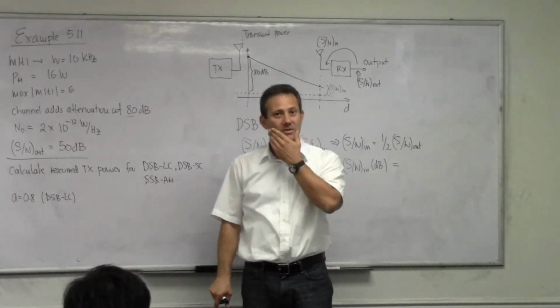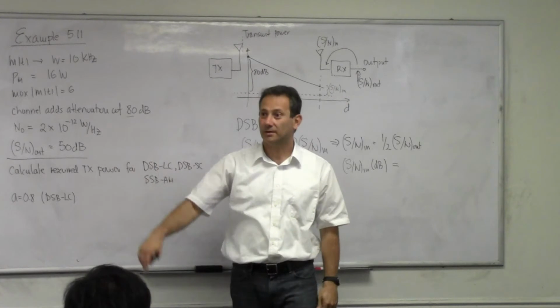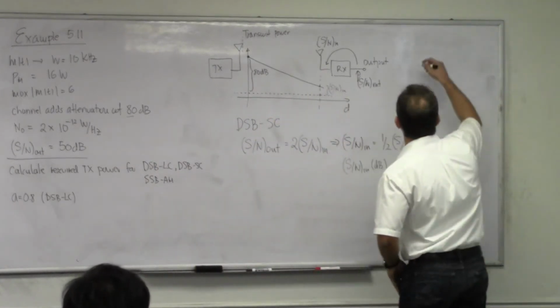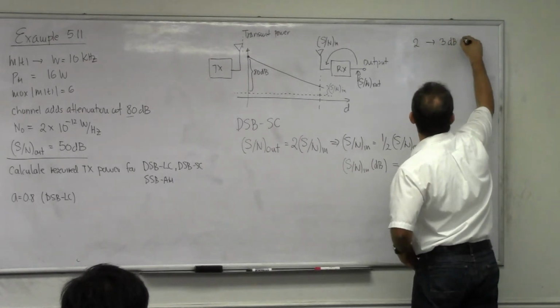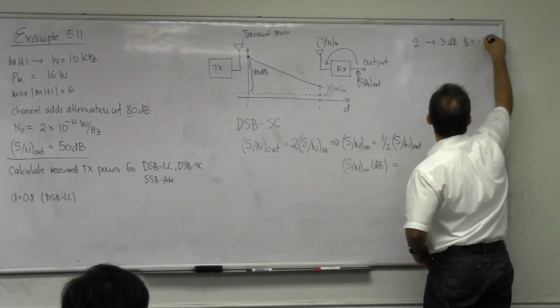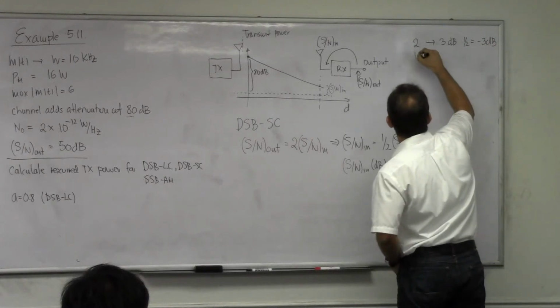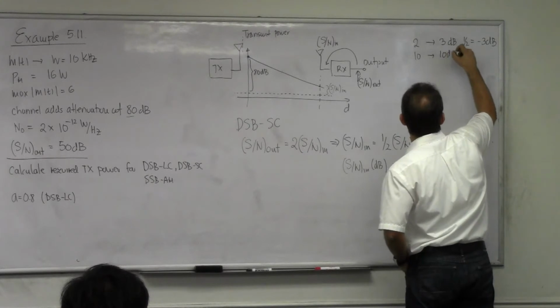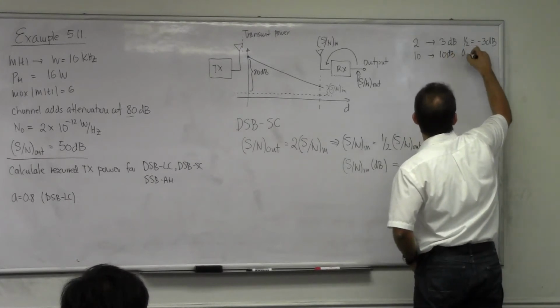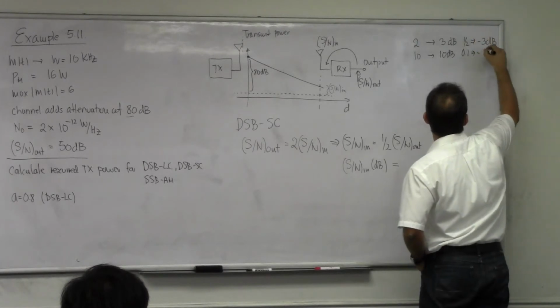So half, how much is half? Minus 3 dB, right? Let's remember this. 2 times is 3 dB, 1/2 is minus 3 dB. Okay? Let's say 10 times is what? 10 dB. 0.1 is equal to what? Minus 10 dB.